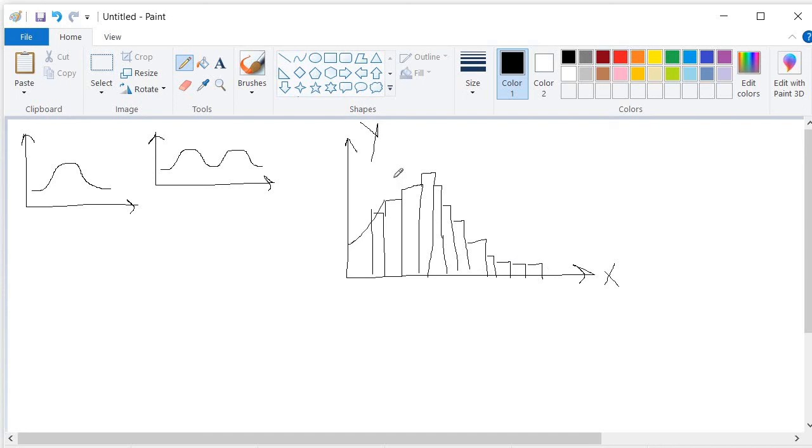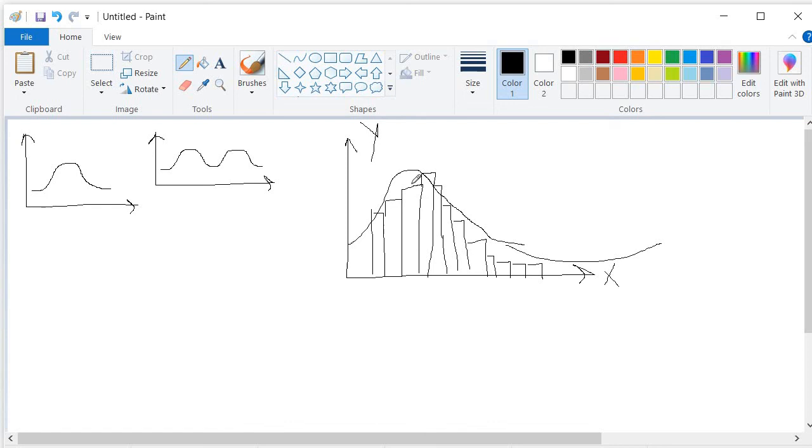If you see a long tail on the right hand side, you say that this distribution is skewed. This is a positive skewed distribution of the data. Here you are seeing a long tail on the right hand side. Somewhere in between you will find your median.